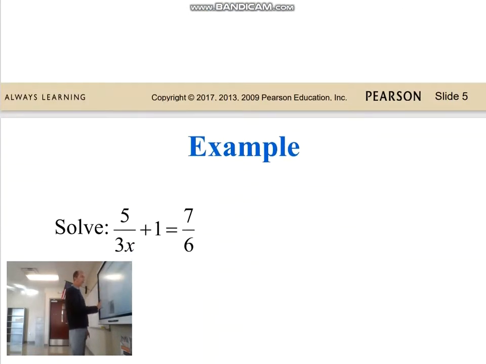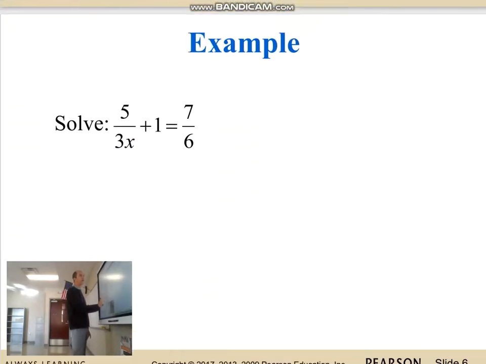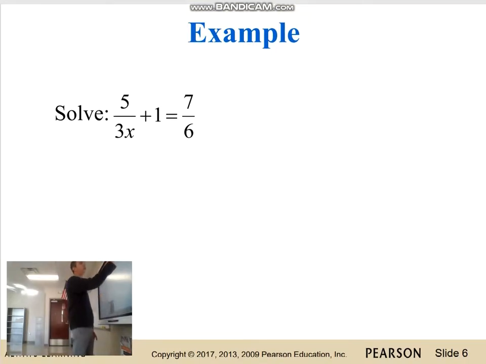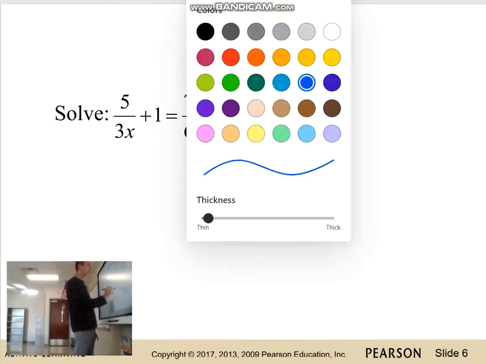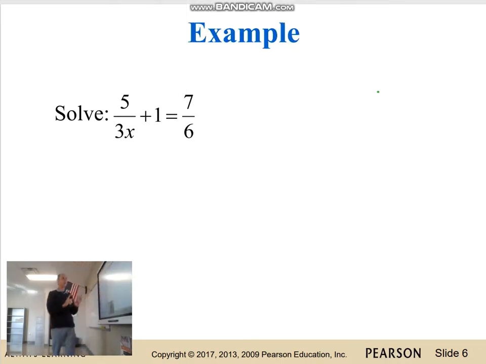Let me see if we have an example so I can show you what we're talking about. We are talking about first finding the least common denominator of all the fractions. So we have this equation, and you know that an equation is kind of an expression. You're going to have numbers, fractions, variables, and operators.